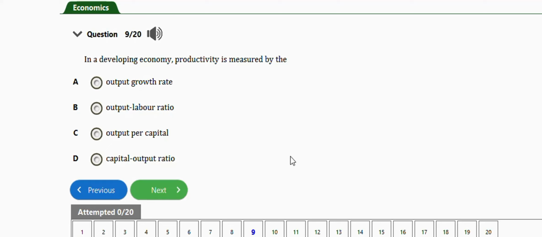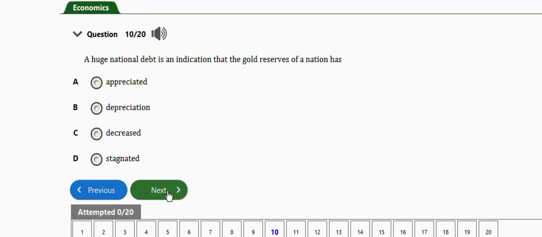Okay, the next question is this one. It says a huge national debt is an indication that the gold reserves of a nation has, we have appreciated, depreciated, decreased, stagnated. So the right answer to this question is that a huge national debt is an indication that the gold reserves of a nation has decreased.